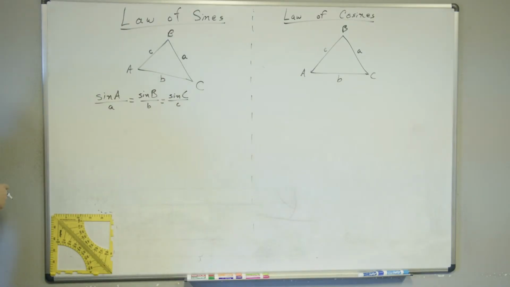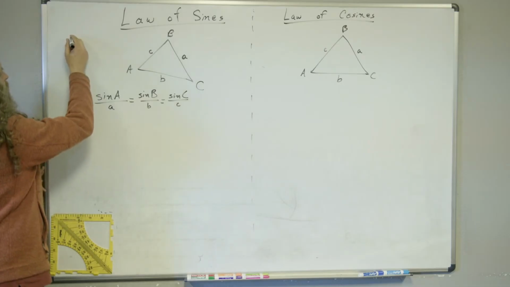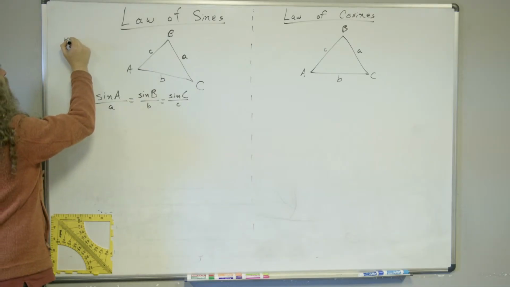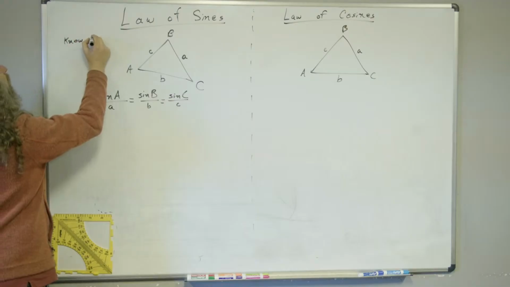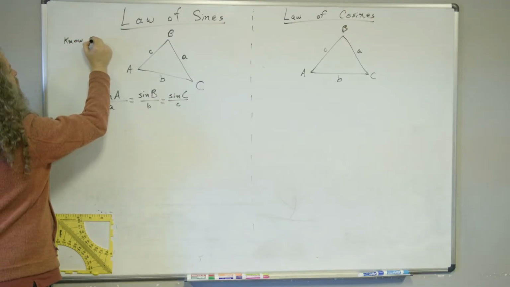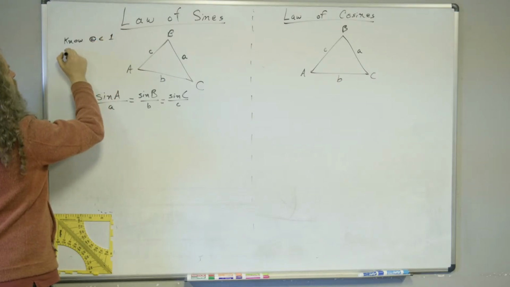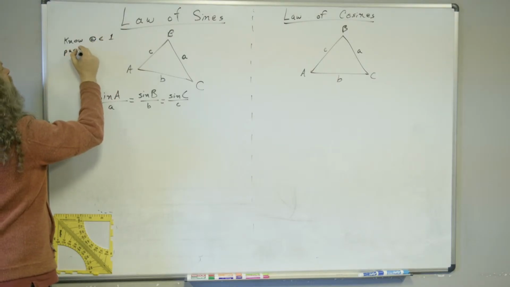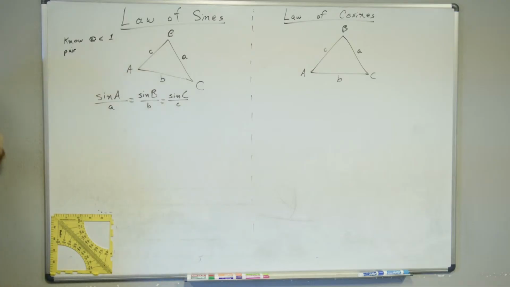We can only use law of sines if we know at least one pair. So if we know an angle and its opposite side, any one pair, we can use law of sines.